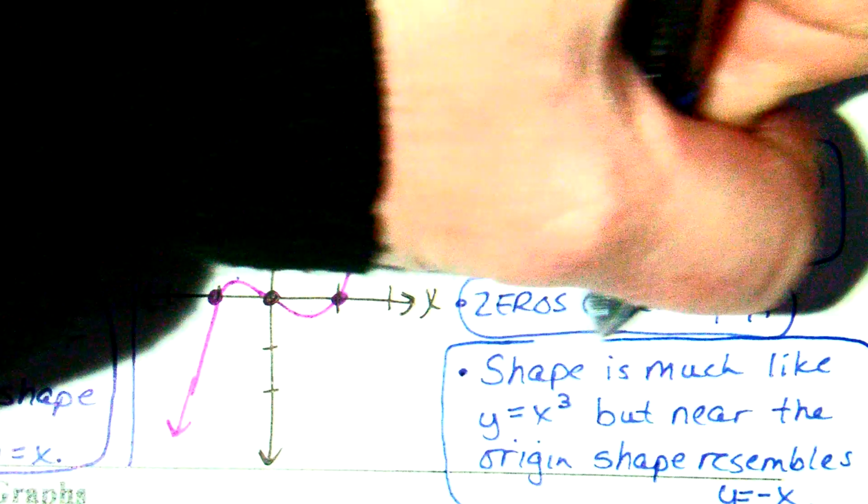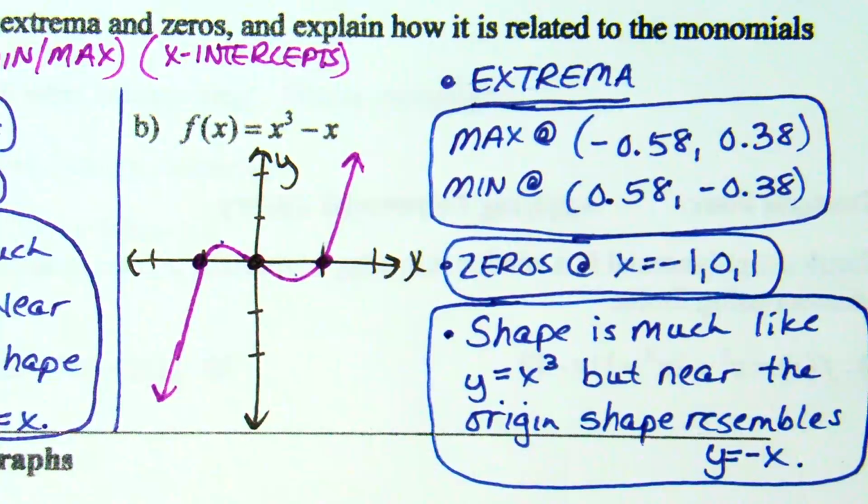So shape is much like y equals x cubed, but near the origin, shape resembles y equals negative x. Okay. Questions there?